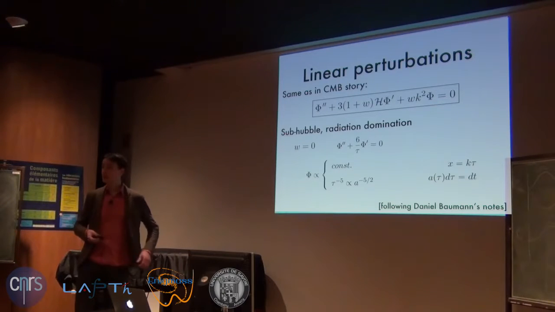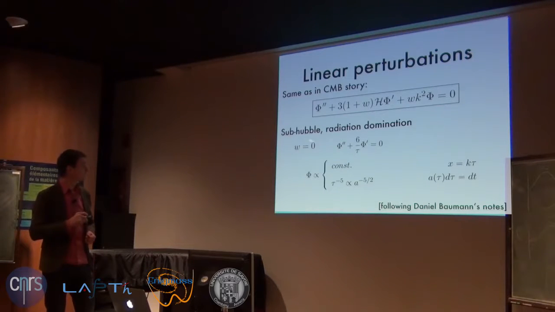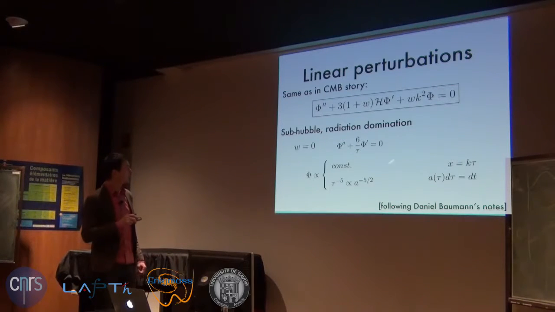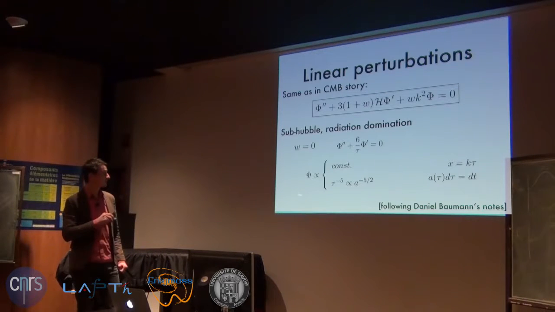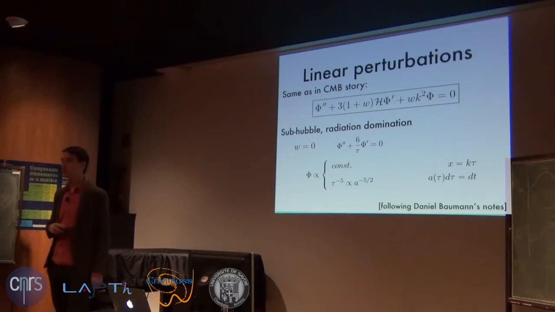Now at later times, when matter is the dominating ingredient in the universe, w is 0, which is the equation of state of matter, because there's no pressure, so the ratio of pressure to energy density is 0. Then this equation simplifies, and there is the solution that the gravitational potential is constant, and there's the solution that the gravitational potential decays in time. It's linear perturbation theory, so the solution is a superposition of these two, and if you wait long enough, the decaying component becomes negligible compared to the constant component.